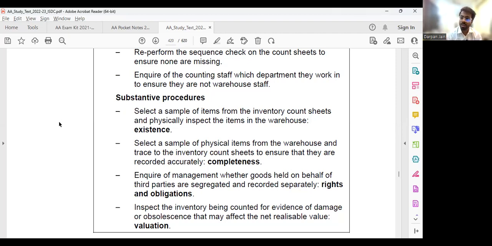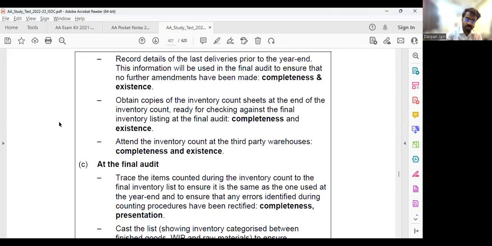They should not be recorded as the inventory of the company. Next, inspect the inventory being counted for any evidence of damage or obsolescence. Right? Okay.